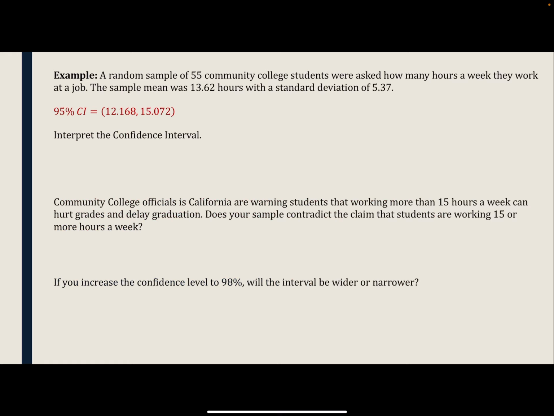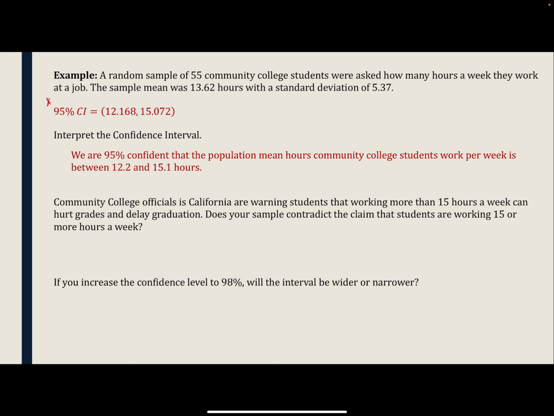Okay, so I've got the same problem up above, and the answer that we just found, the confidence interval, is here. So that interpretation, again, is that we are 95% confident that the population mean hours that community college students work per week is between 12.2 and 15.1.